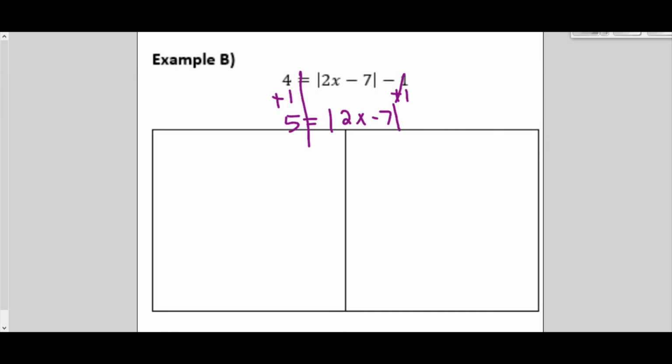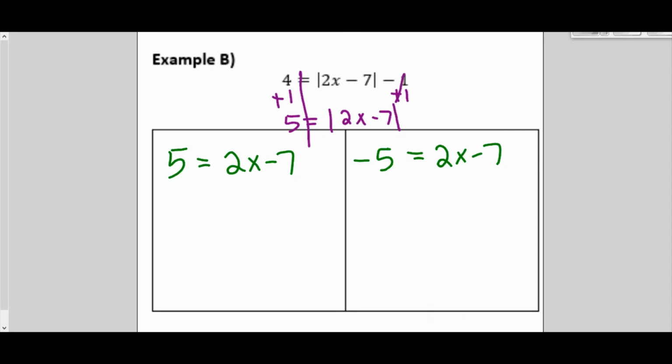So you're going to create your 2 equations. So 5 equals 2x minus 7. For the second equation, instead of having 5, I'm going to have -5. So -5 equals 2x minus 7. And then you could solve this just like you would in an equation.